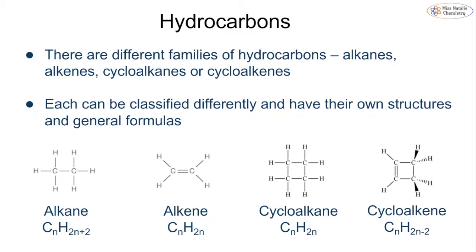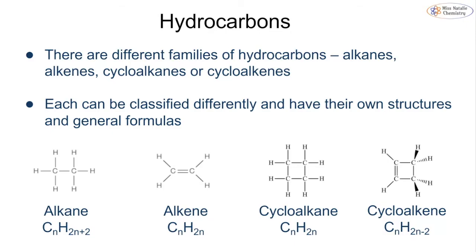So there are different families of hydrocarbons that you need to be aware of. You will have met alkanes and alkenes last year, and you will have briefly been made aware of cycloalkanes, and there's also cycloalkenes. And for each of these, we can name them differently, we can have their own structures, and we can give them general formulas.